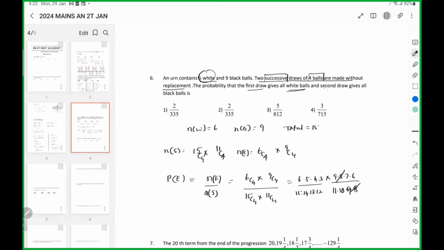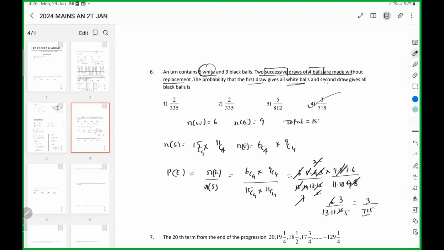Possible cancellations here. 5s get cancelled out, again 6 and 2s, 2 into 2, 5 into 3, 15 get cancelled. 7, 7 get cancelled. 66 by 13, 11, 10. You get 5. So after simplification, 5 by 1001.